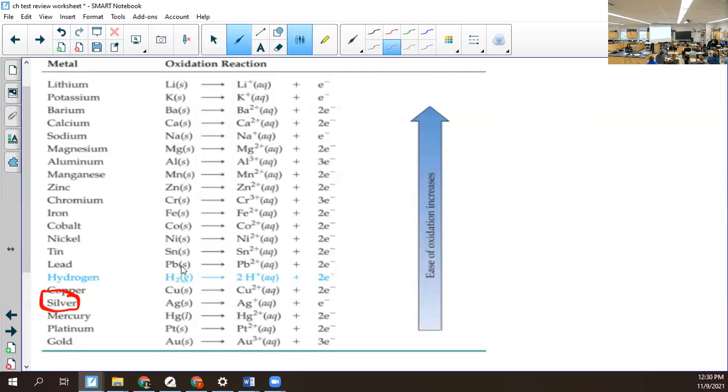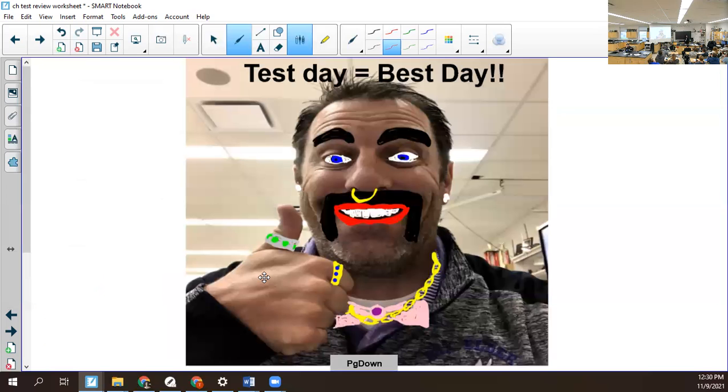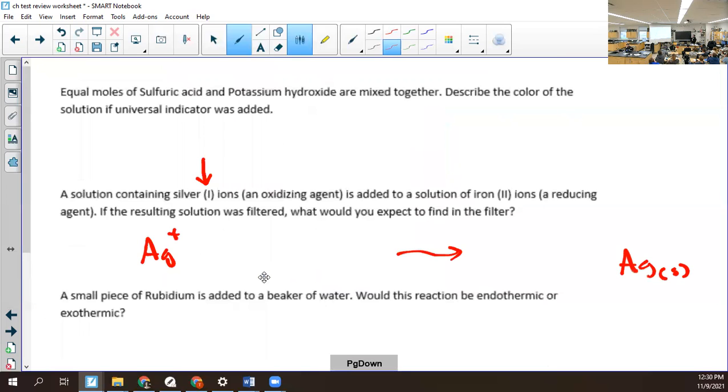Okay, so silver will come out. Now, the way that problem is written, it's tricky. There's not enough to write it out, so I'm not going to worry about it. But the concept is that the things that are lower will become solids. They will not stay as ions. You all right with that? So it's tricky. I don't know who wrote this. This guy was drunk.